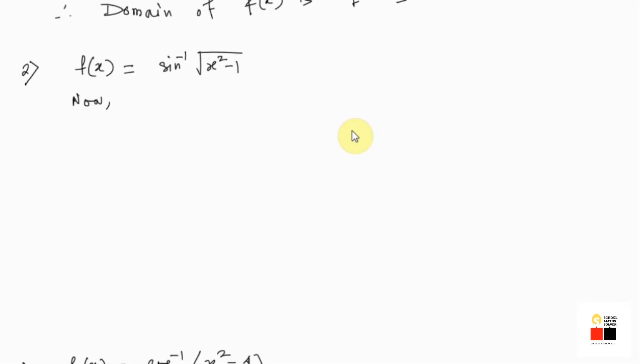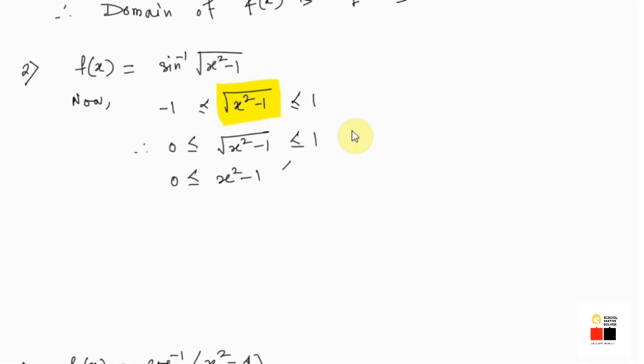Now -1 less than or equal to root over x square minus 1 less than or equal to 1. Since this one is positive, therefore 0 less than or equal to root over x square minus 1 less than or equal to 1. Squaring both sides, 0 less than or equal to x square minus 1 less than or equal to 1, so 1 is less than or equal to x square less than or equal to 2.